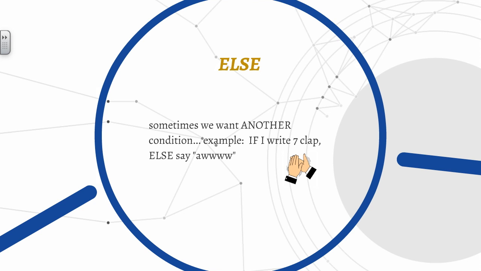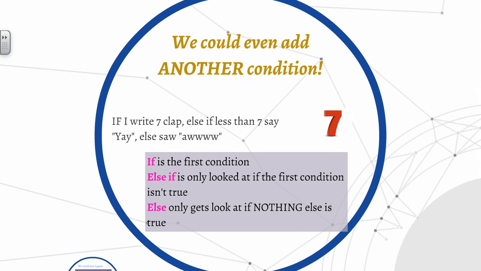So if I write 7, you would clap. Otherwise, you'd say, aw. So I could write 7 on the board, and you would clap. See, it's two conditions, but each condition has a result. You either clap, or you say, aw. So that's an else. And we can introduce lots of elses in our programming. We'll talk about that more later.